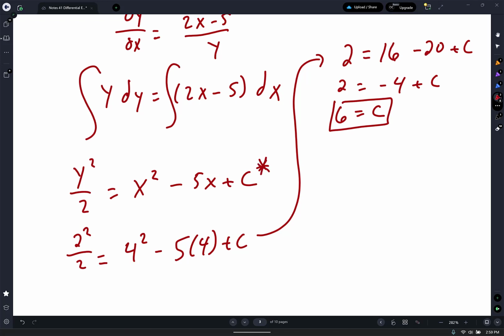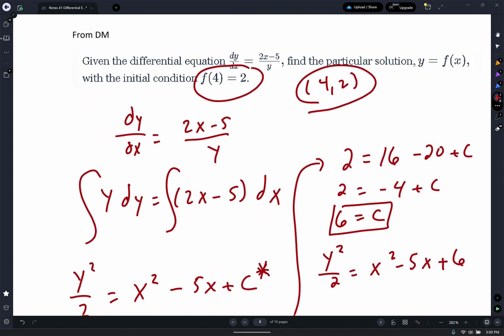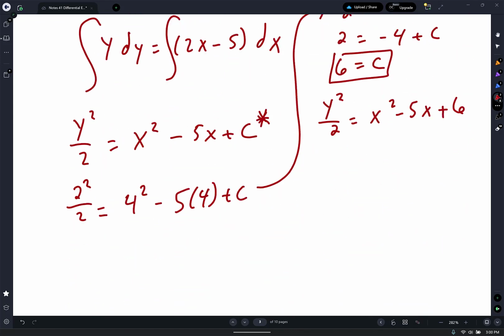Now that I know 6 is c, I come back to the original spot where I left off, and I write y squared over 2 equals x squared minus 5x plus 6. Are we okay? Now I'm solving for y because they want the original equation. It says find f of x. So times 2 everything. Whatever you do to one side, do to the other.